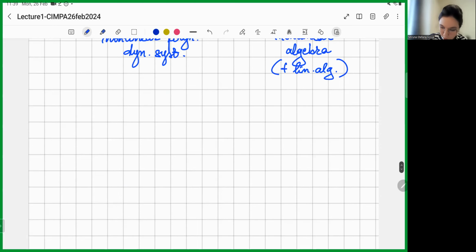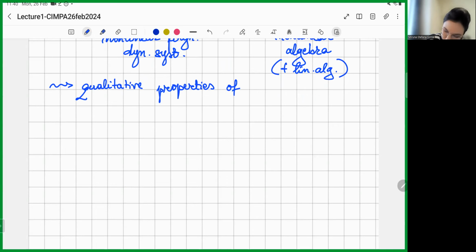So what we want to do is to study qualitative properties of what are called complex balanced. I will introduce this terminology in the next days, but I'm just saying quickly that we are interested in qualitative properties of complex balanced mass action systems.